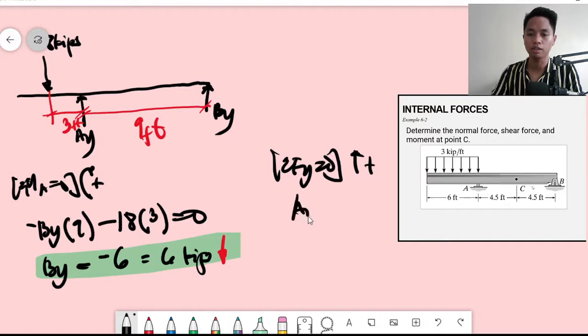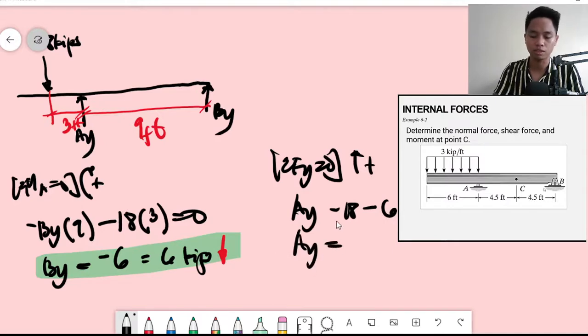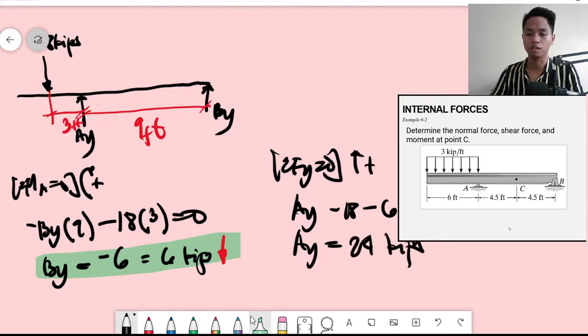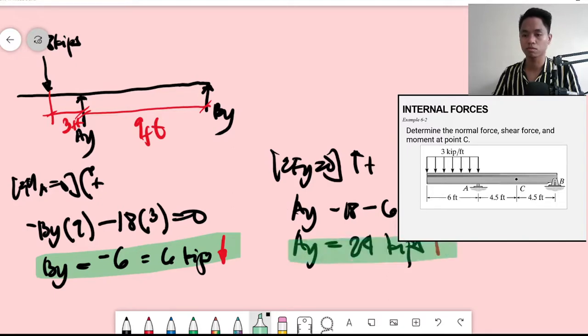That would be AY minus 18 minus 6 equals 0. Therefore, our AY is 18 plus 6, which is equal to 24 kips, and that is upward.